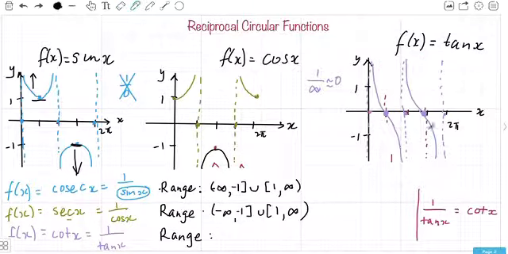Oops. So now looking at our cot function, you can see that the range is still the same as it is for tan. All you've done is change the shape and changed where the intersects are and where the asymptotes are. So they're your reciprocal circular functions, cosec, sec and cot, and their graphs.